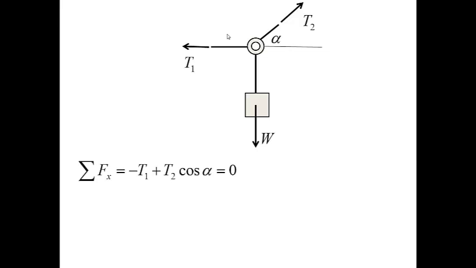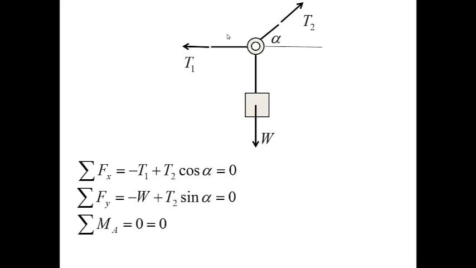And the equilibrium equations for this free body diagram involve the sum of the forces on X, the sum of the forces on Y, and the sum of the moments about the center of the ring, which is trivially equal to 0, simply because all forces have 0 arms. What this means is that the moment equilibrium equation is satisfied on one hand.